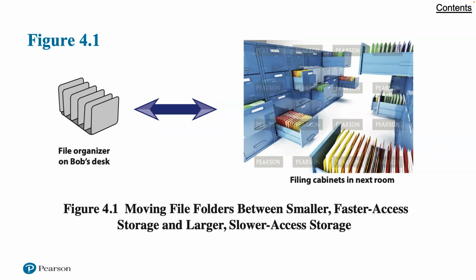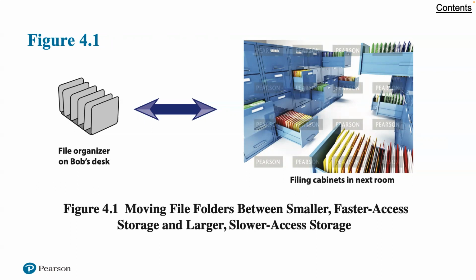A crude analogy may help illustrate the distinction between these two concepts. So we look here at figure 4.1. Suppose that Bob is working in an office and spends much of his time dealing with documents in folders. Thousands of folders are stored in file cabinets in the next room. And for convenience, Bob has a file organizer on his desk that can hold a few dozen files.